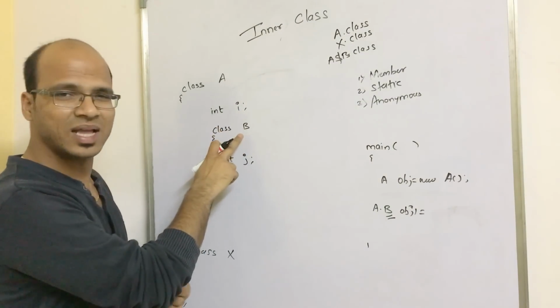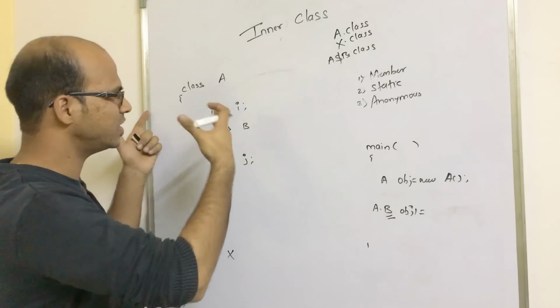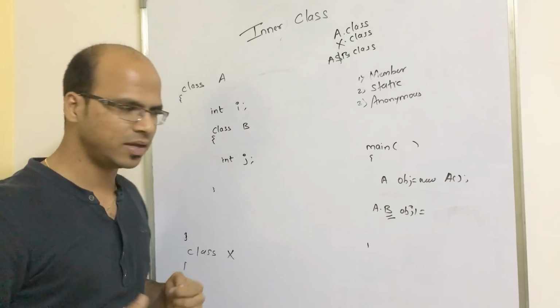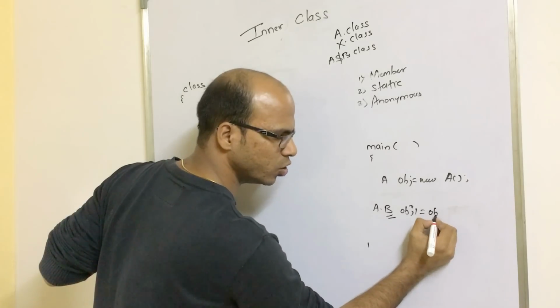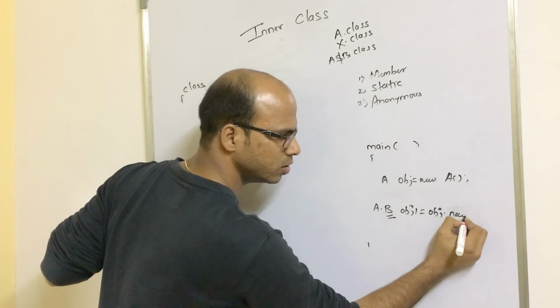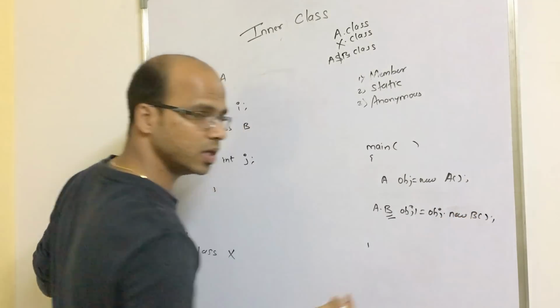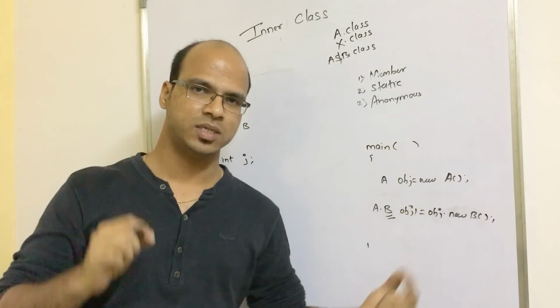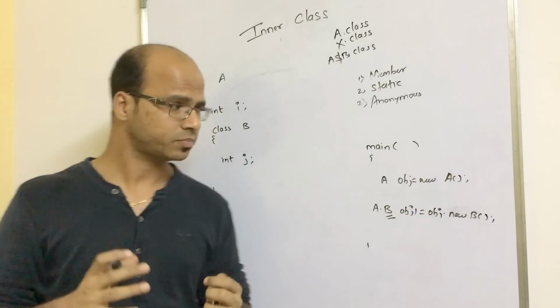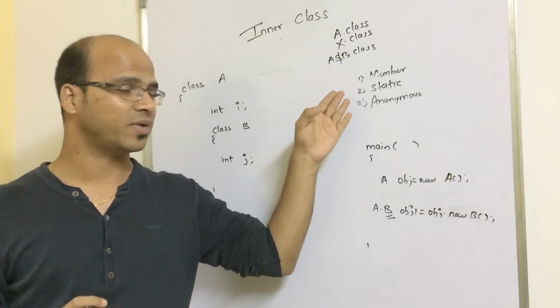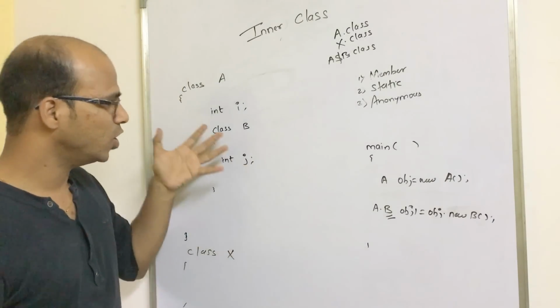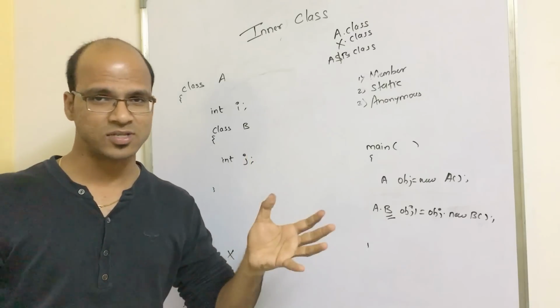In the same way, this class B will be an instance class of class A, a member class of class A. So we need to use the object. We have to say obj dot new B. That's how you get an object of a member. It's that simple. So that's how you can use a member in a class.